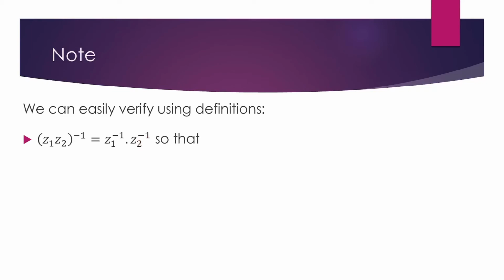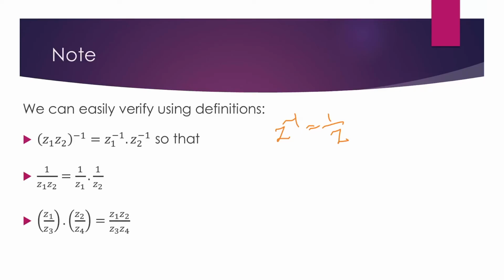If we write z inverse as 1 by z, we can write the same result as the reciprocal of z1 times z2 is equal to the product of reciprocals, 1 by z1 and 1 by z2. Using this we can prove that z1 divided by z3 times z2 divided by z4 is same as z1 z2 divided by z3 z4. All are expected results. There is nothing new in this.